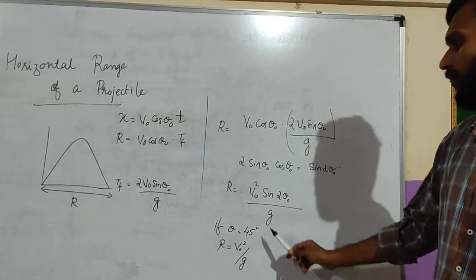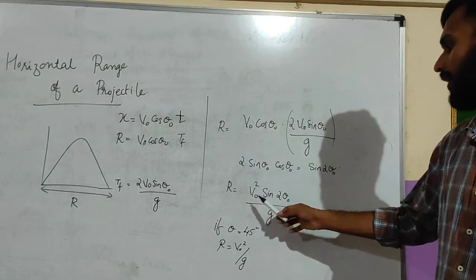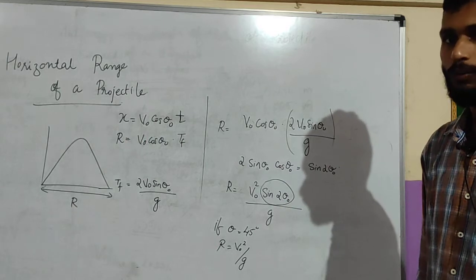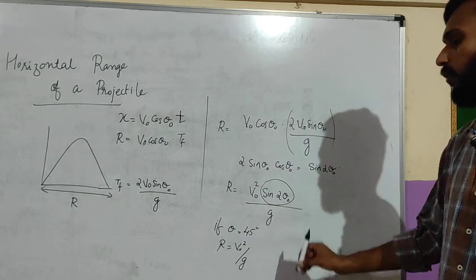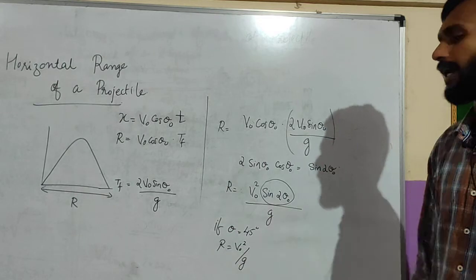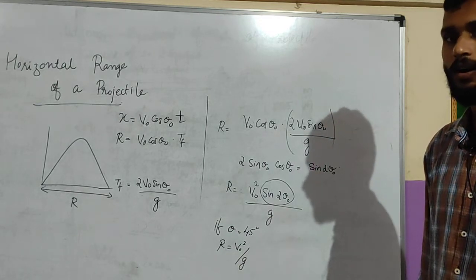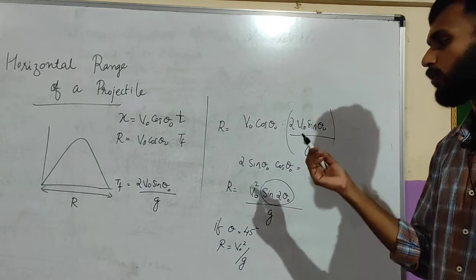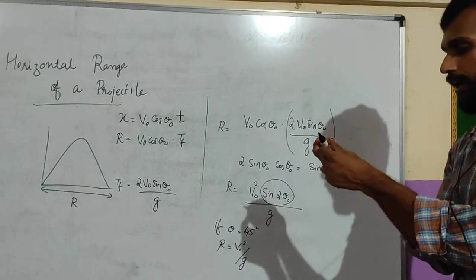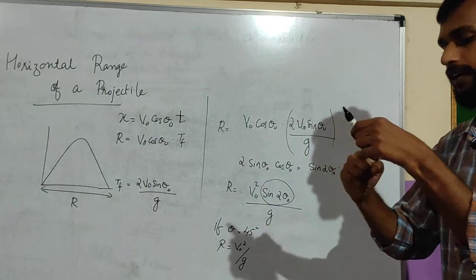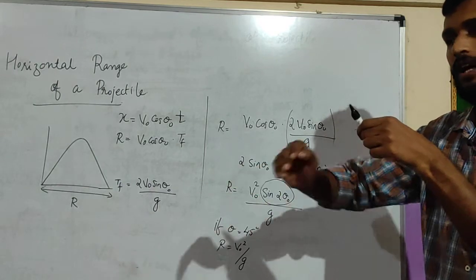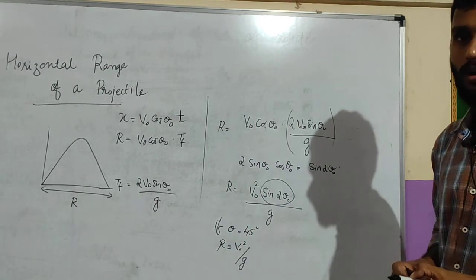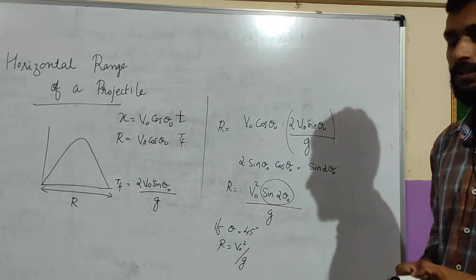So that is the horizontal range of a projectile. For getting the maximum range, the sin 2 theta 0 value should be 1. Then we can say the maximum range is obtained. Suppose you are throwing a javelin, it should make an angle of 45 degrees with the horizontal. Then it can reach the maximum horizontal range.